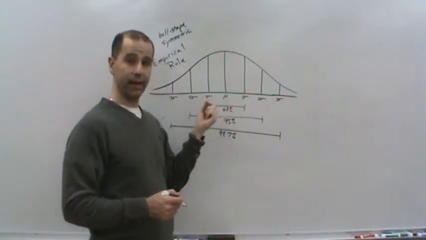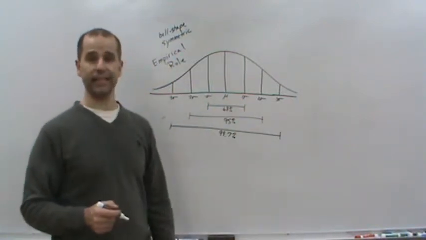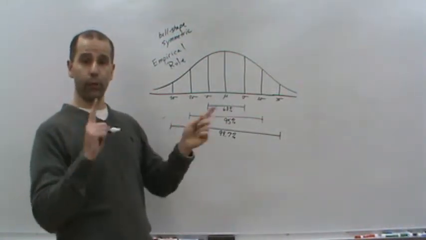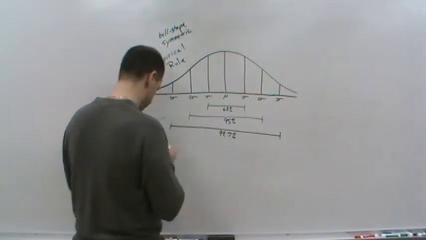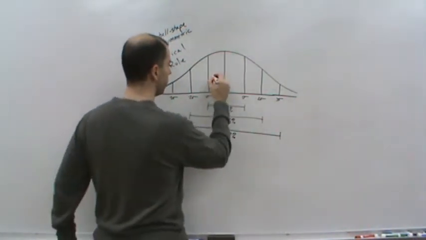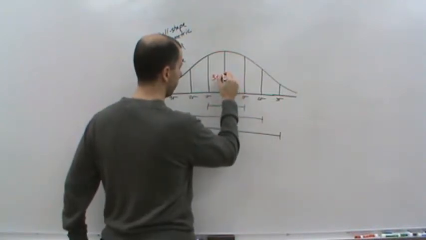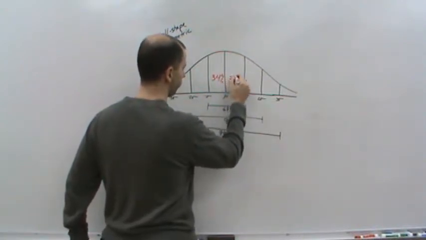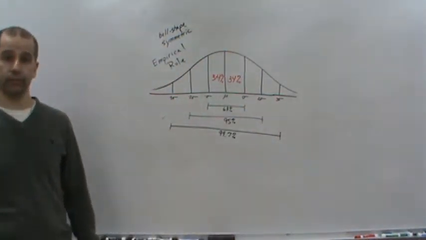It should be the same as this half. So I should be able to divide 68 in 2, and both halves should be the same. So that means 34% should be in both of these.